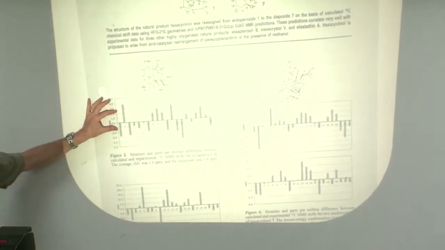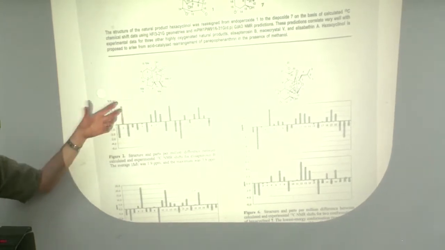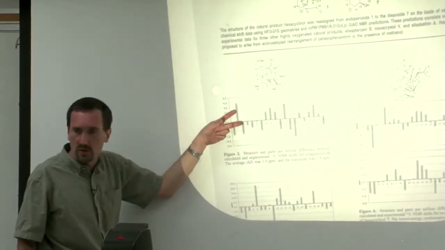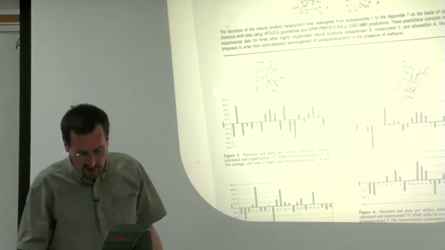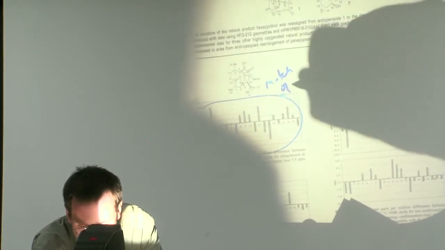And as you could see, most of the calculated ones and the observed ones matched within a couple of tenths of a ppm. So in other words, here we have a match of plus or minus 2 ppm on the average.